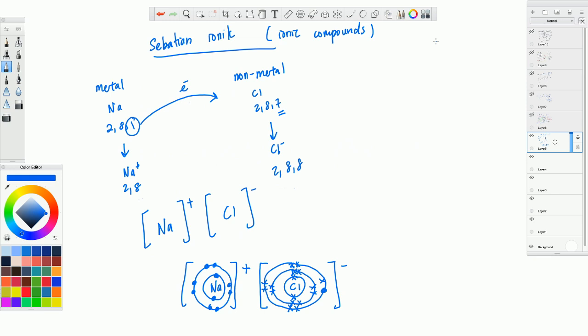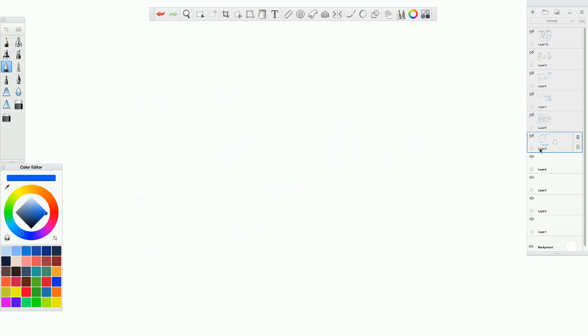Ini merupakan sebatian ionik. Sebatian ionik sama untuk semua logam dan bukan logam yang kamu nak binakan. So for example, if I do magnesium or aluminium dengan oksigen.